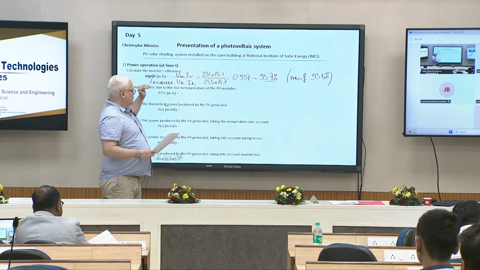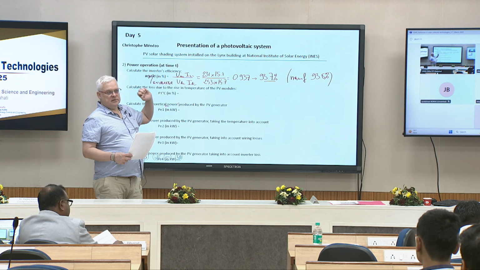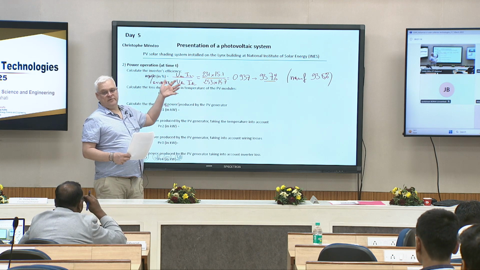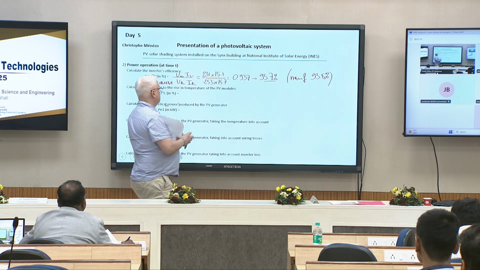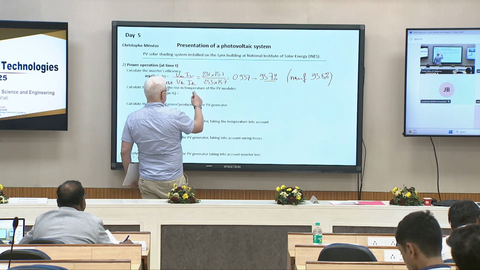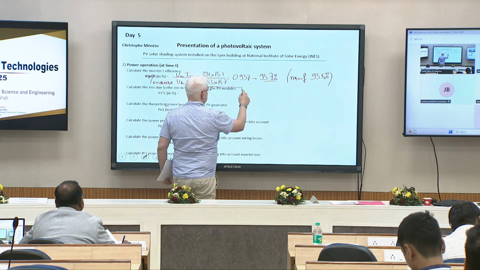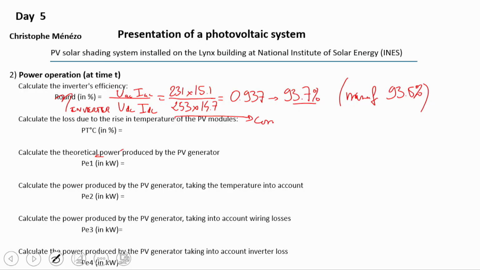Elevation of temperature compared to what? To 25 degrees. Due to the rise in temperature compared to 25 degrees, instead of 25 degrees we have Tc equal to 50 something.